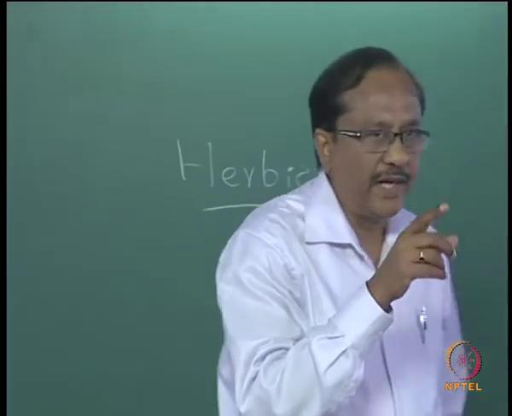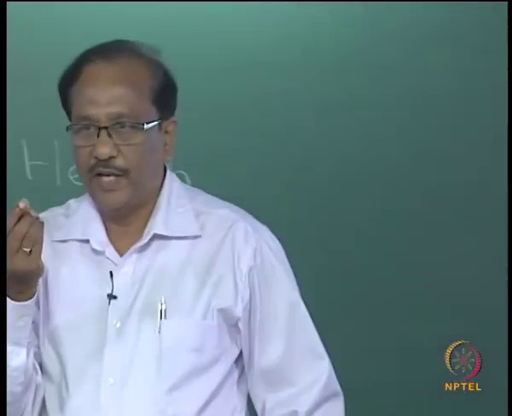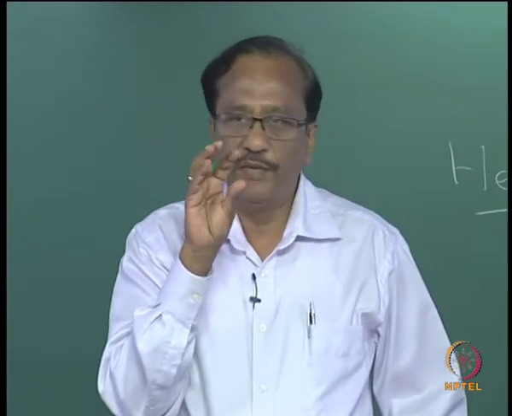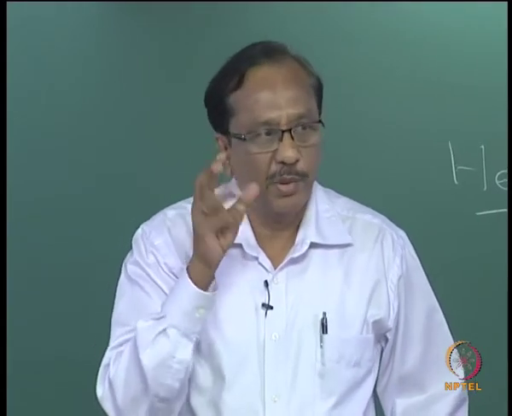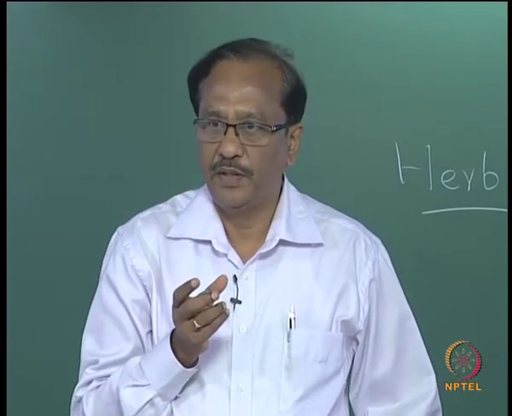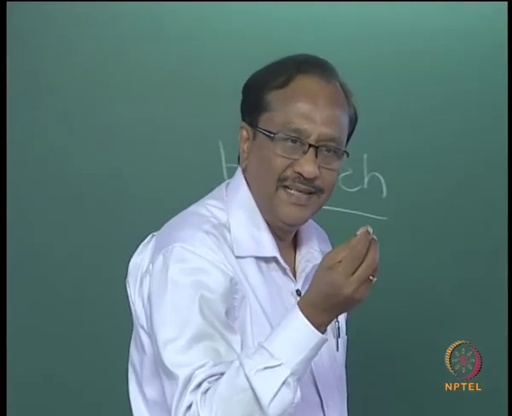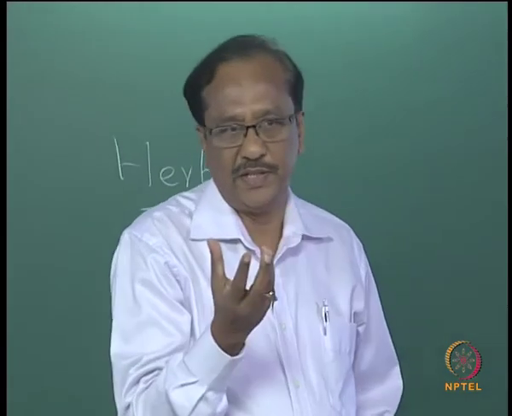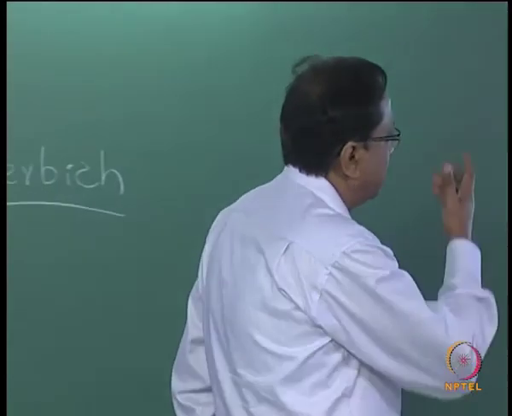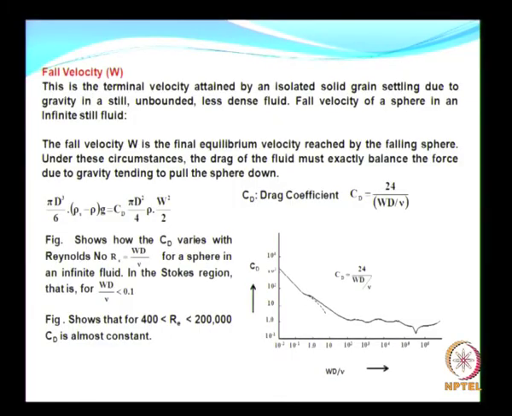And naturally, now when I said stone and sand, we are talking about the size. When we talk about the size, we are talking about the weight of these sediments. So we clearly know that the fall velocity is going to be dependent directly on the weight of the particles. So what is meant by fall velocity?